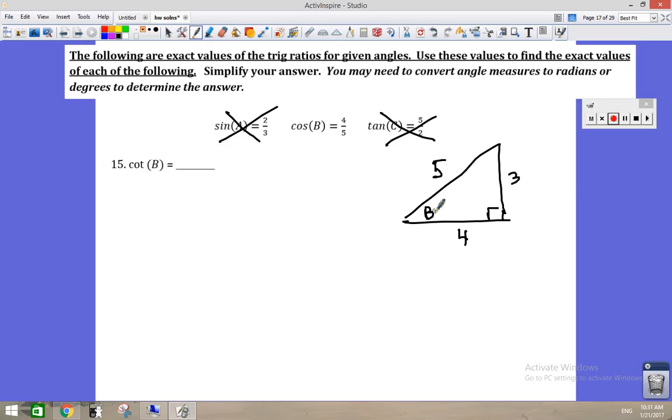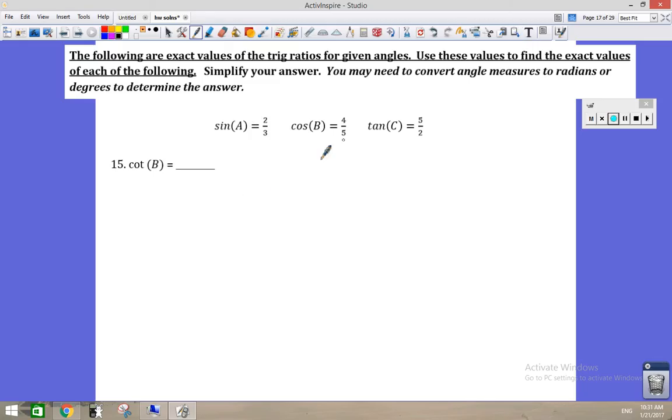The cotangent is the adjacent leg over the opposite leg, which is 4 over 3. That would be the fastest and easiest way to do it. If we tried to use any of the identities that we have, we could do it similar to the last problem that I just did.